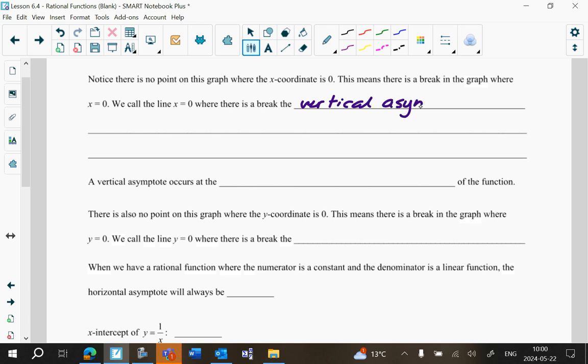Yeah, just remain calm. At one point, you didn't know what tangent meant, but you learned that. Okay? And what is an asymptote in math?